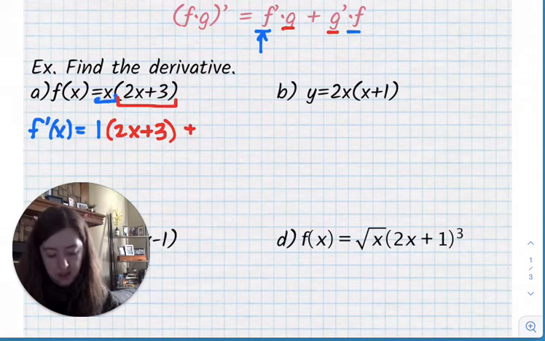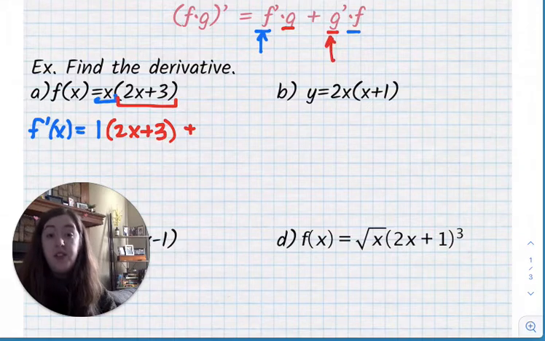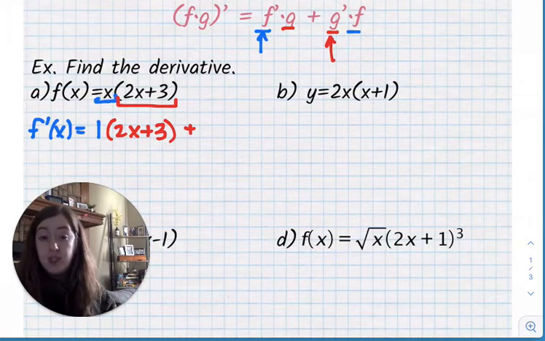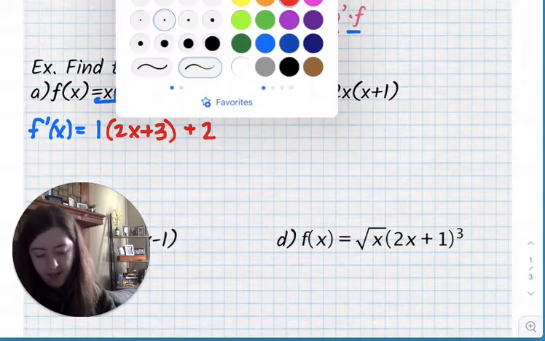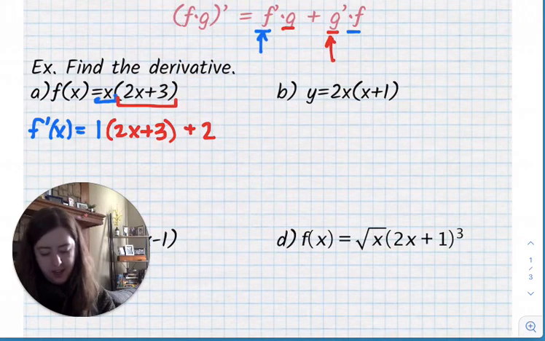Plus, now I want the derivative of the second, so the derivative of 2x plus 3. The derivative of 2x is 2, and the derivative of 3 is 0. And then we're going to multiply that by the first, and that was x.